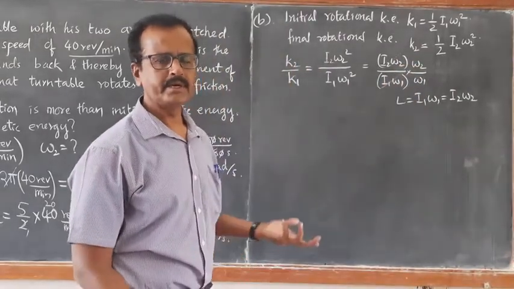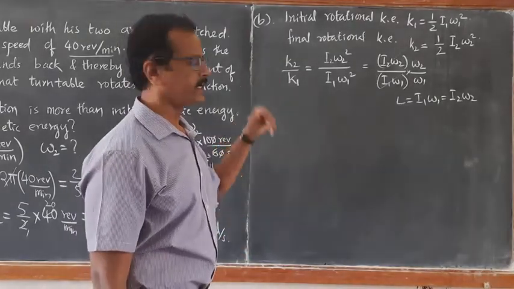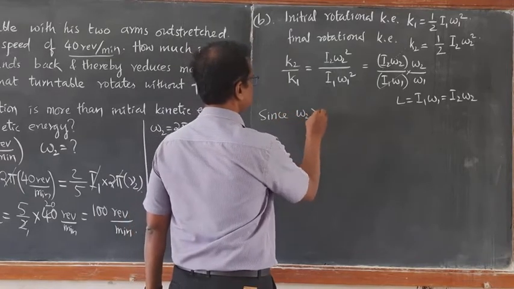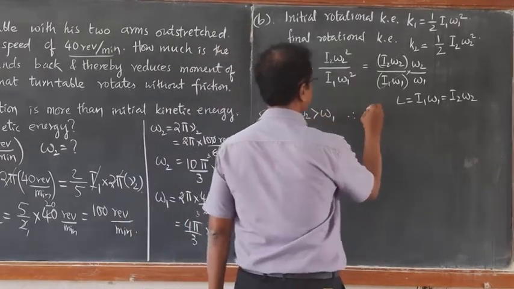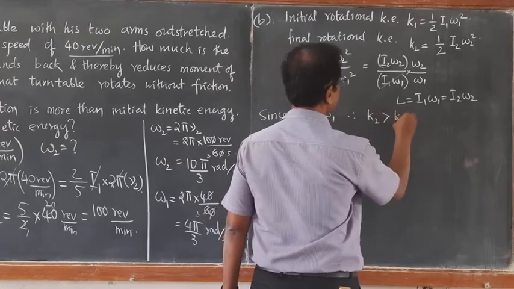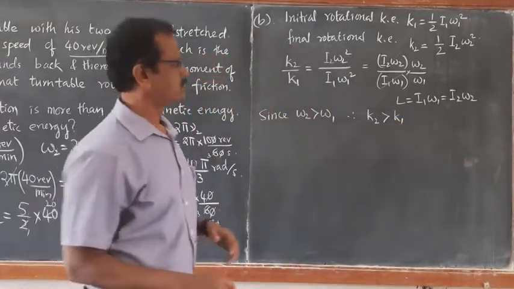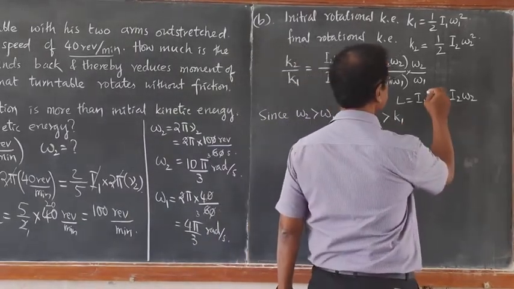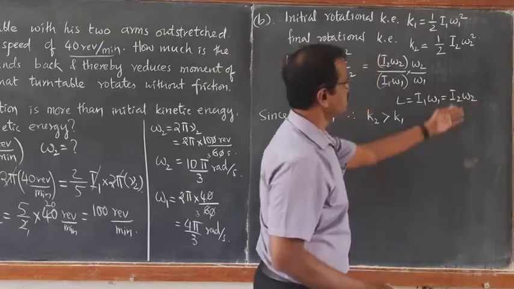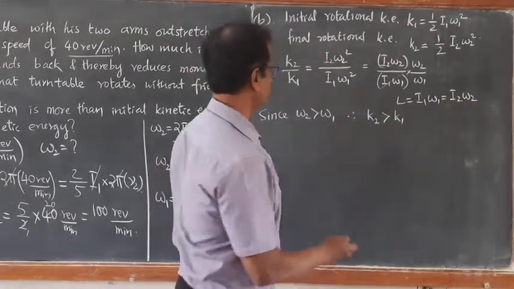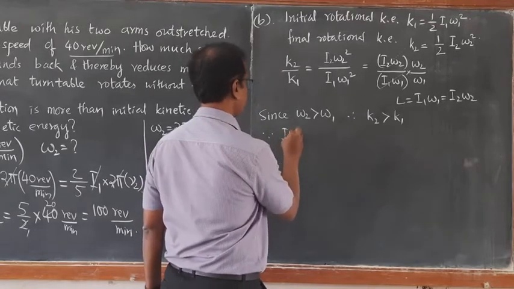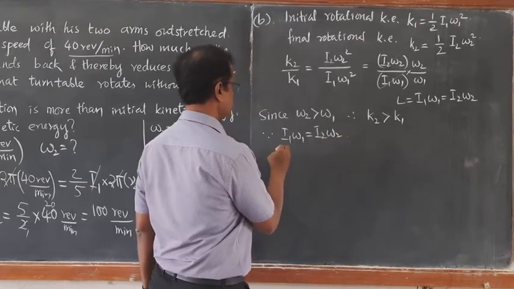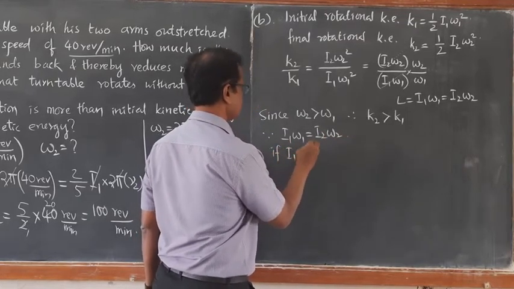So definitely omega 2 is greater than omega 1, therefore K2 is greater than K1. How is omega 2 greater than omega 1? When there is a decrease of moment of inertia, there is an increase of angular velocity, because we know that I1 omega 1 is equal to I2 omega 2.